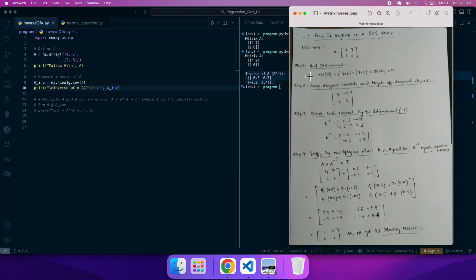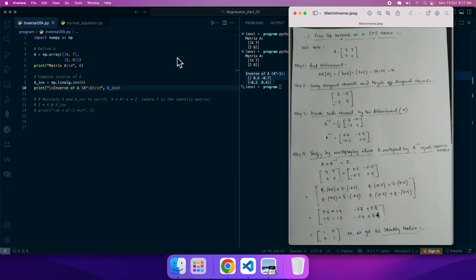Step 1 is to find the determinant of this matrix. And how do we do that? If you consider this as a b c d, we compute a times d minus b times c. That's what we have done. So 4 times 6 minus 7 times 2, we get the value 10. That's the determinant of this matrix.